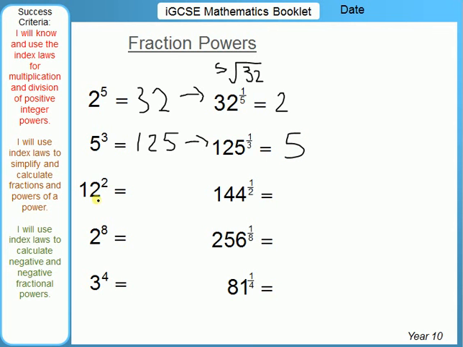Likewise, 12 squared. This is one that all my students should know off by heart. That is 144. And so 144 to the power of a half, well, that will be 12. Likewise, 2 to the power of 8. Well, if you multiply by 2 enough, you should get 256.